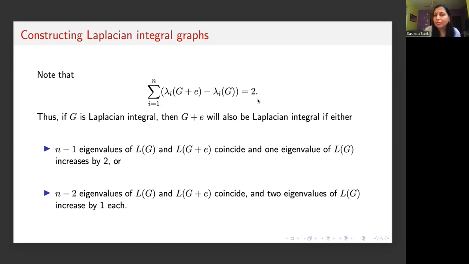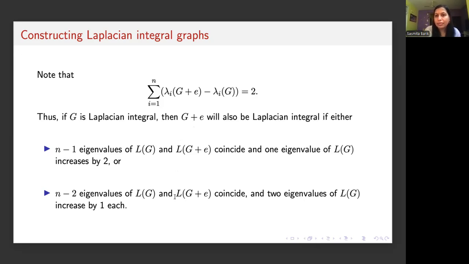Total increment is 2. So eigenvalues are increasing, but the total increment is 2. So then we can think of two things. If we are starting with a Laplacian integral graph G, then G plus e will be Laplacian integral.